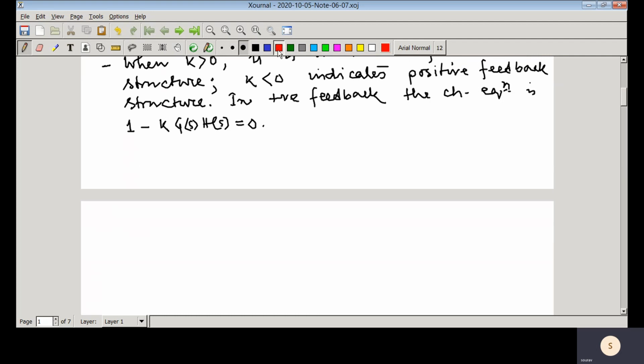So whenever we have a closed loop control problem like this, with some reference command, suppose the forward path transfer function has a factor s plus p, where p is the pole of the forward path transfer function, and this pole is varying.